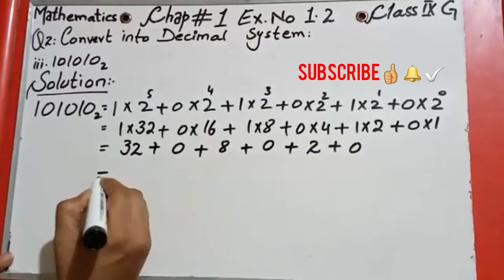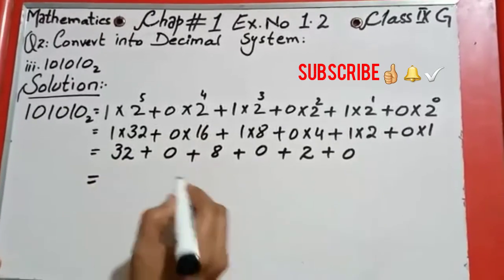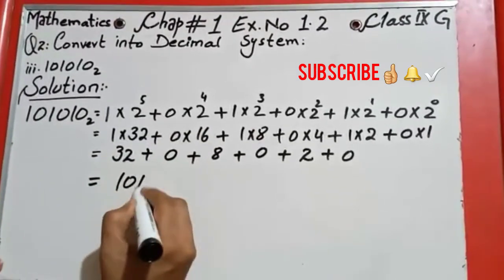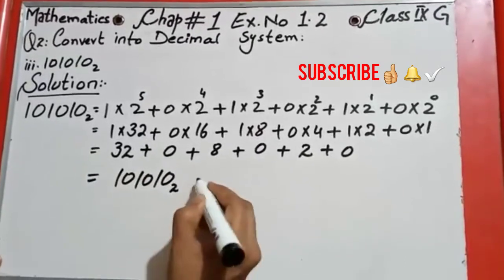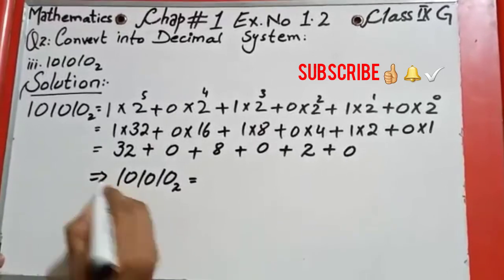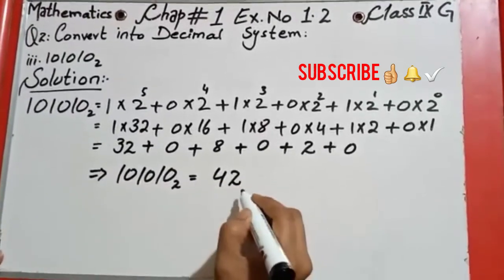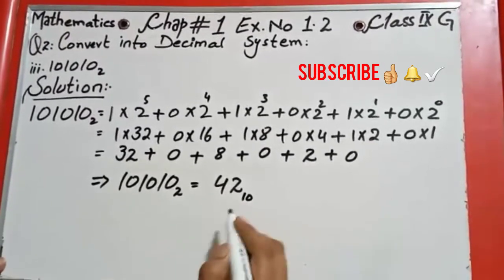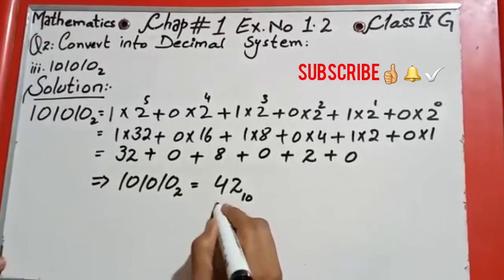Now add them. 8 plus 2 is 10. 10 plus 32 is 42. Correct? 101010 base 2 is equal to 42. After adding, 42 base 10 would be the answer of 101010 base 2.